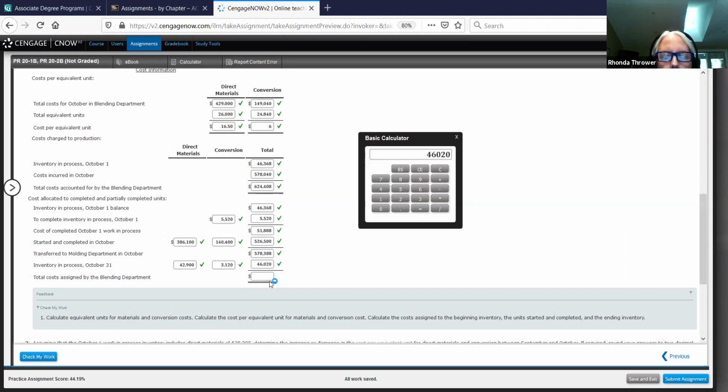To finish the cost of production report, we would add our ending inventory cost to our cost that we transferred out of the blending department, and that will tell us what we have to account for.